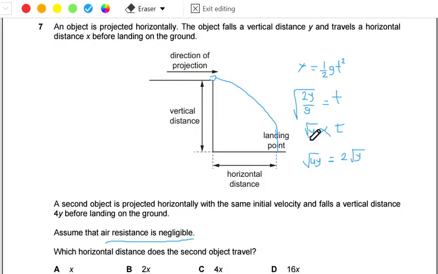So instead of square root of y, 2 square root of y, t will be 2t.